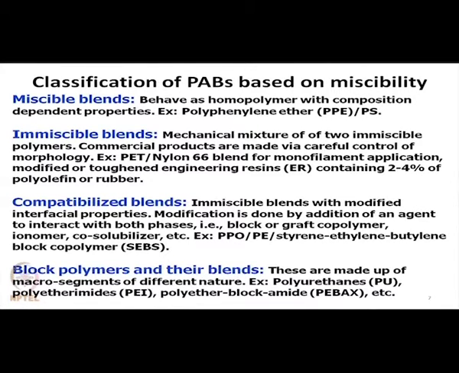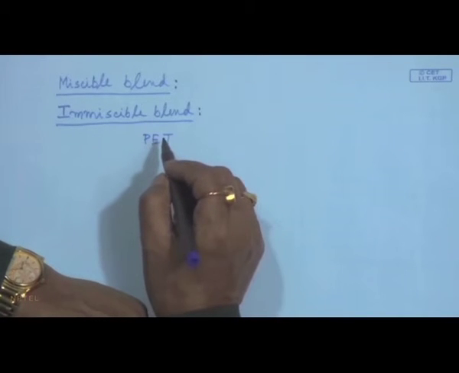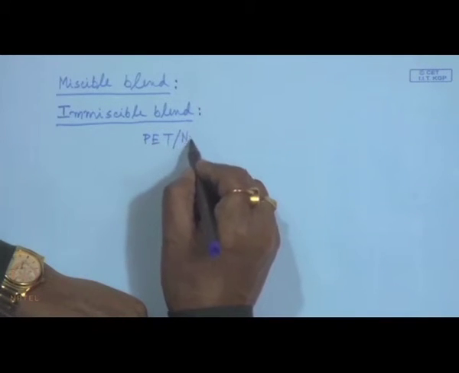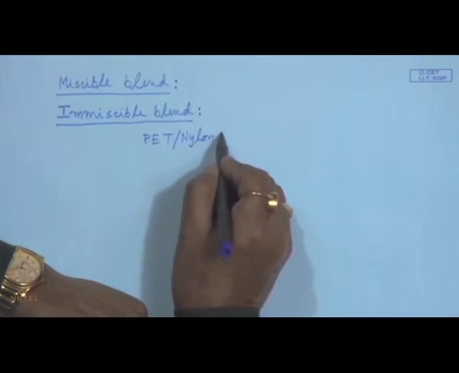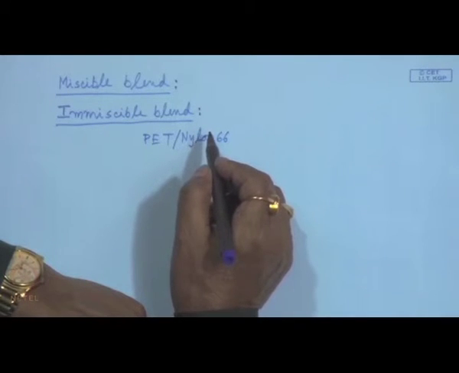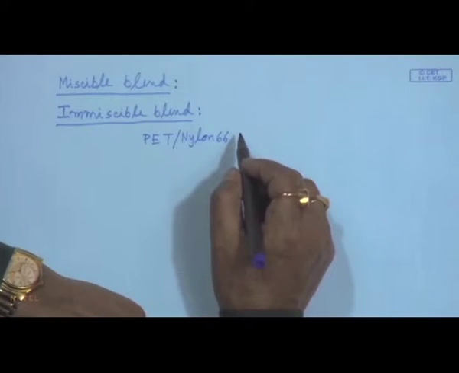So, a mechanical mixture of two immiscible polymers, and commercial products are made via careful control of morphology. For example, polyethylene terephthalate, nylon 66 blend, that is used for monofilament application.